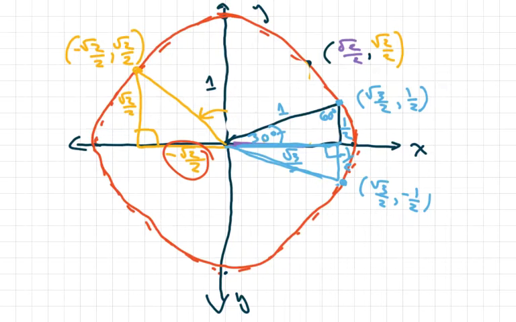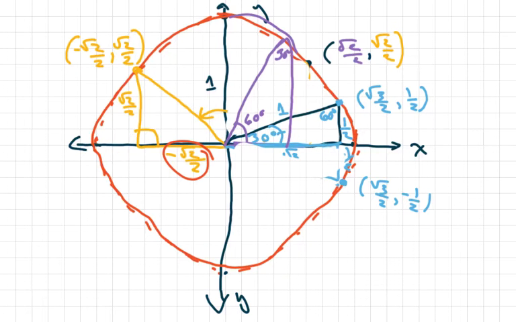And for the last one, I think I can put this all on one. It's the same thing. All right, so this angle here is 60 degrees, and this is 30 up here. So let me go ahead and erase this part right here.